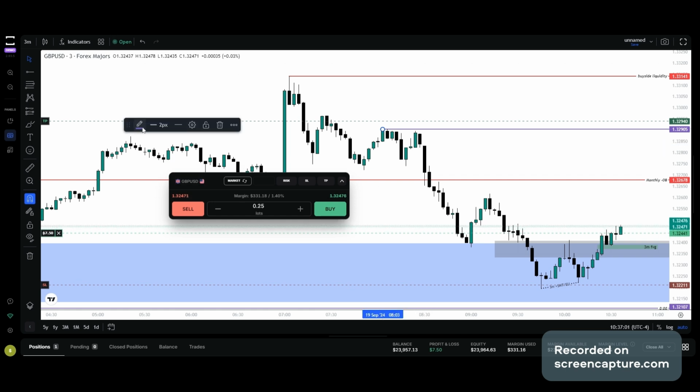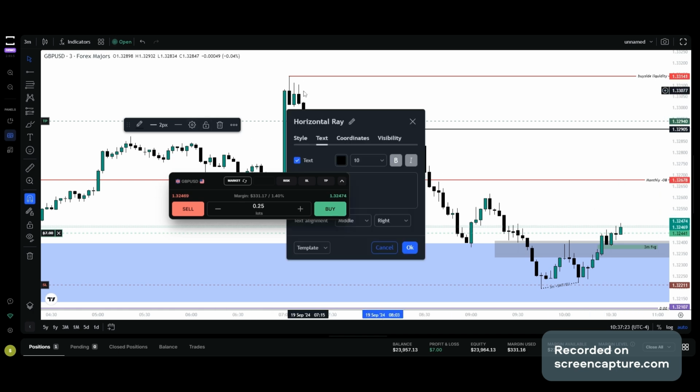Be looking to partial out. And really, it just depends on how price is moving away. Like if it's moving away very aggressively, then I'm gonna look to get my full pull at buy side liquidity.